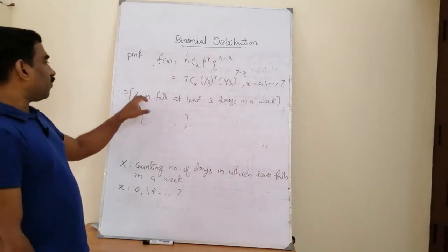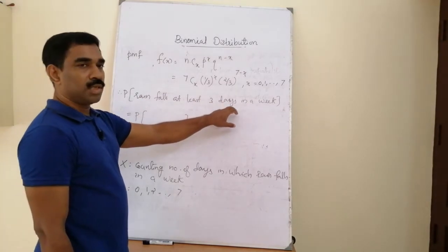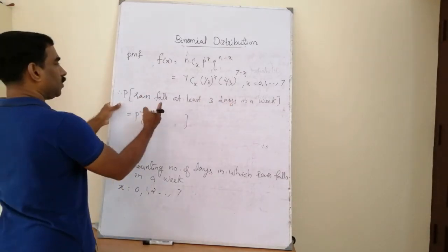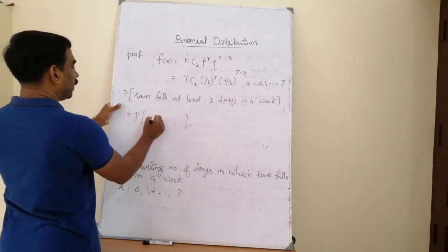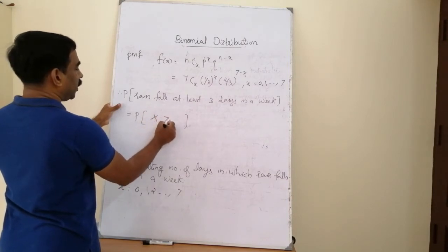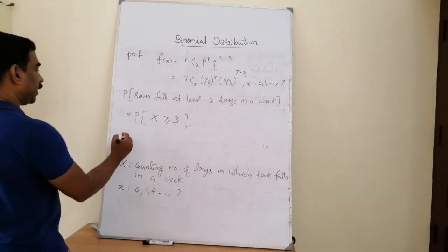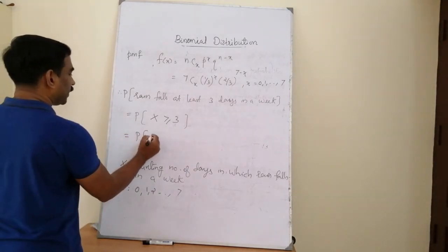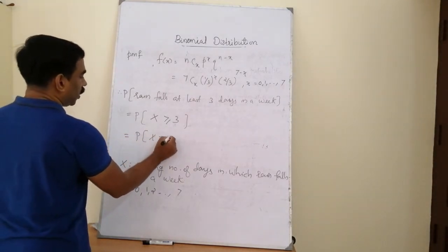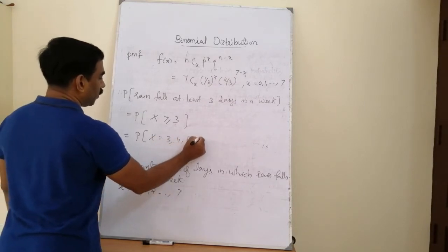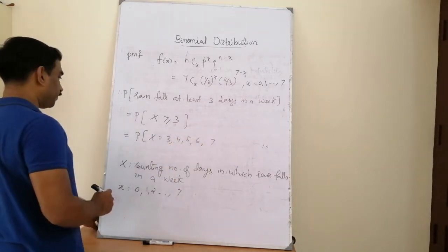So we are counting the number of rain falling days in a week as the random variable, say X. So at least 3 days in a week means that X is greater than or equal to 3. So P of X greater than or equal to 3 means X can take the values 3, 4, 5, 6 and 7.